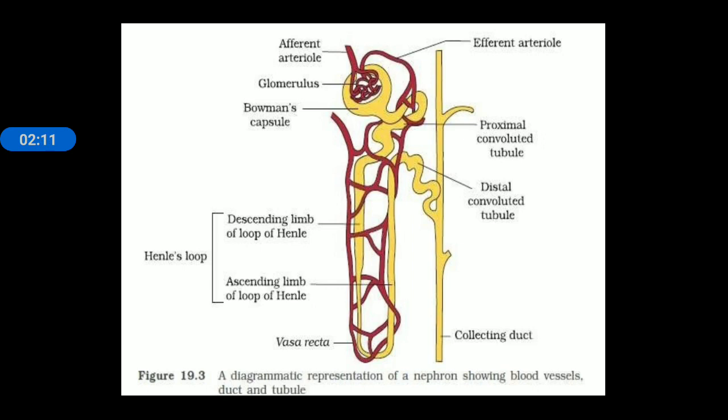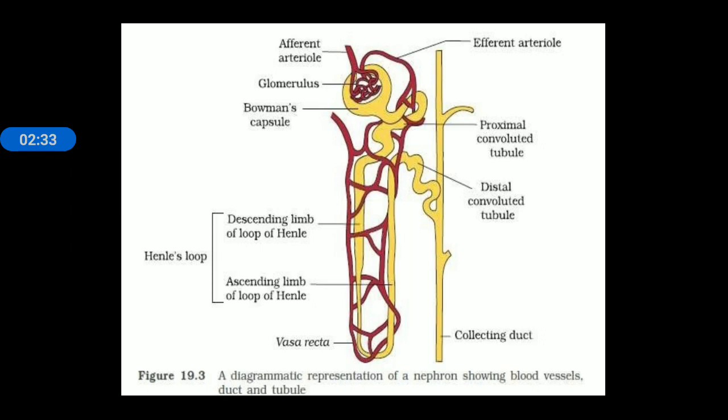All the filtrate that runs through the proximal convoluted tubule, Henle's loop, and distal convoluted tubule is now called urine in the collecting duct. Mainly the filtration process occurs in the glomerulus area.